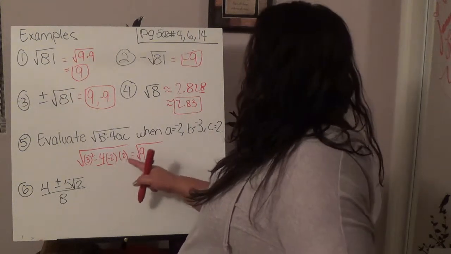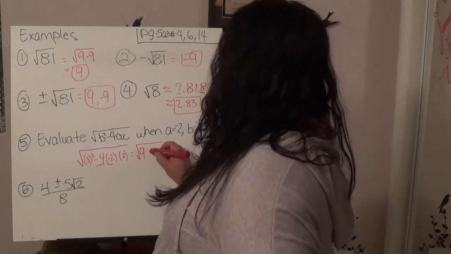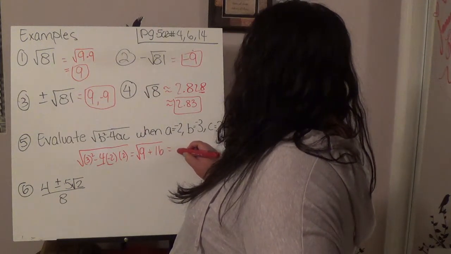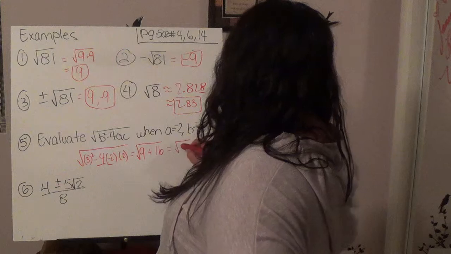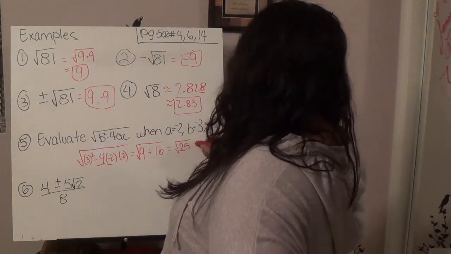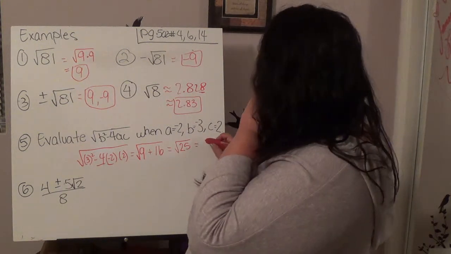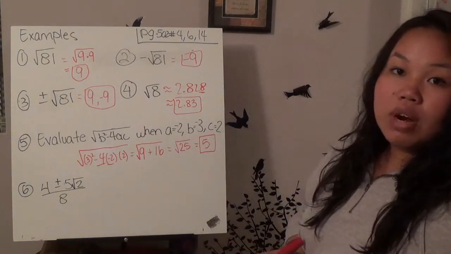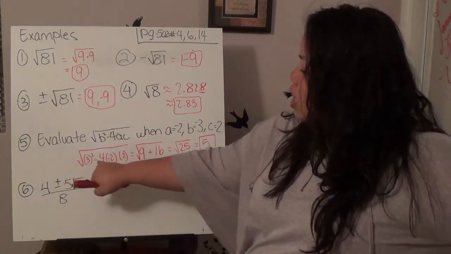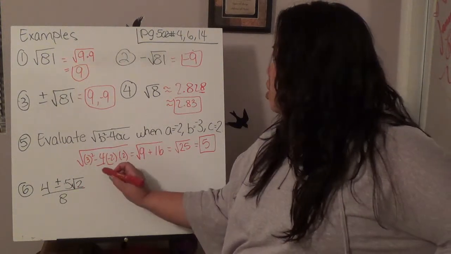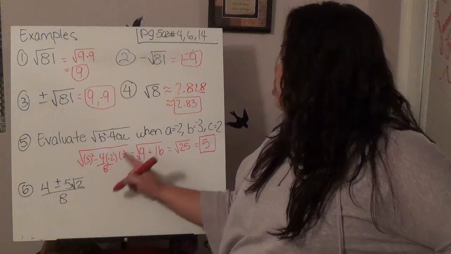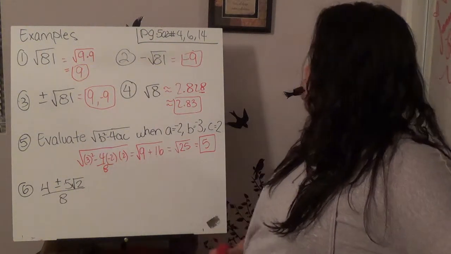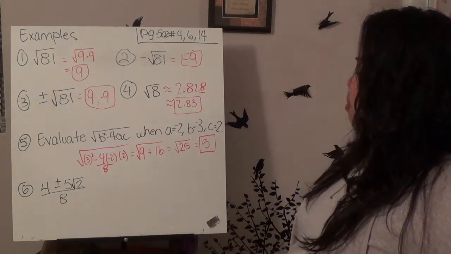And positive 8 times 2 is positive 16. 9 plus 16 gives me the square root of 25. And since it's only the positive answer on the outside, my answer is 5. Once more, this 16 came from negative 4 times negative 2, which is positive 8, times positive 2. Because I end up with a positive number, it's going to be plus 16.